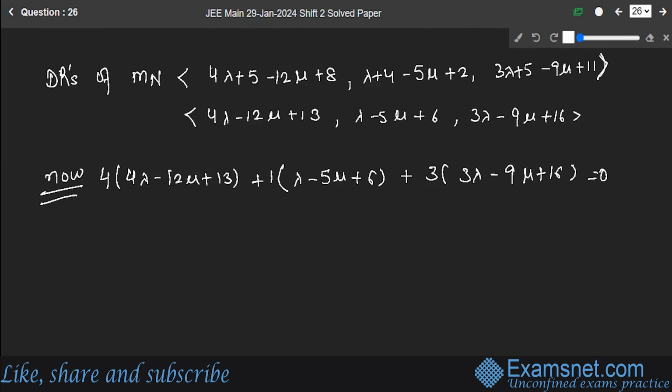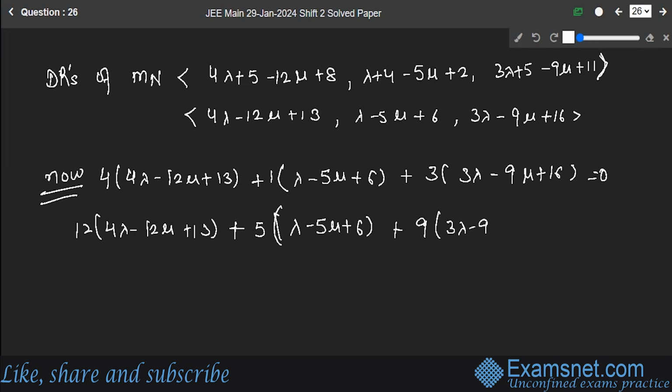Also, you have from the line 2, 12 into 4 lambda minus 12 mu plus 13 plus 5 into lambda minus 5 mu plus 6 plus 9 into 3 lambda minus 9 mu plus 16. This is also equal to 0. So let's solve them to get the lambda value and mu value.